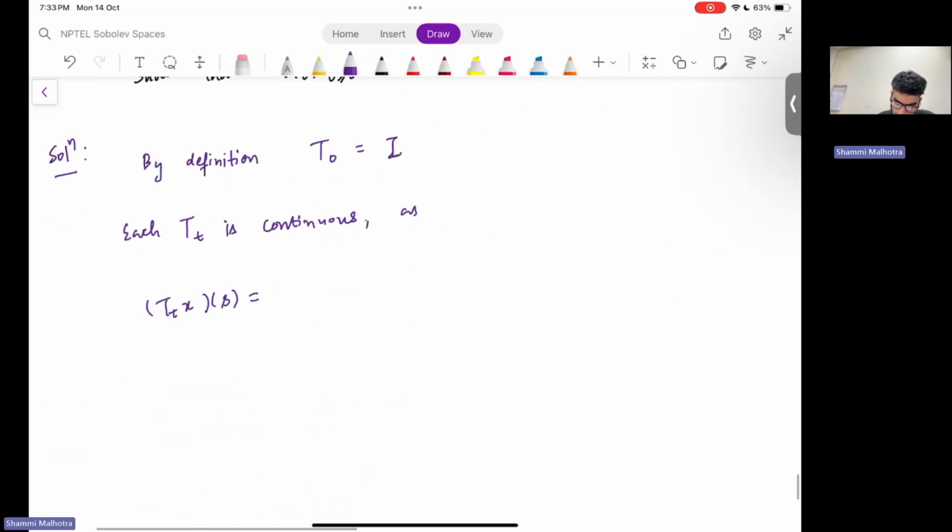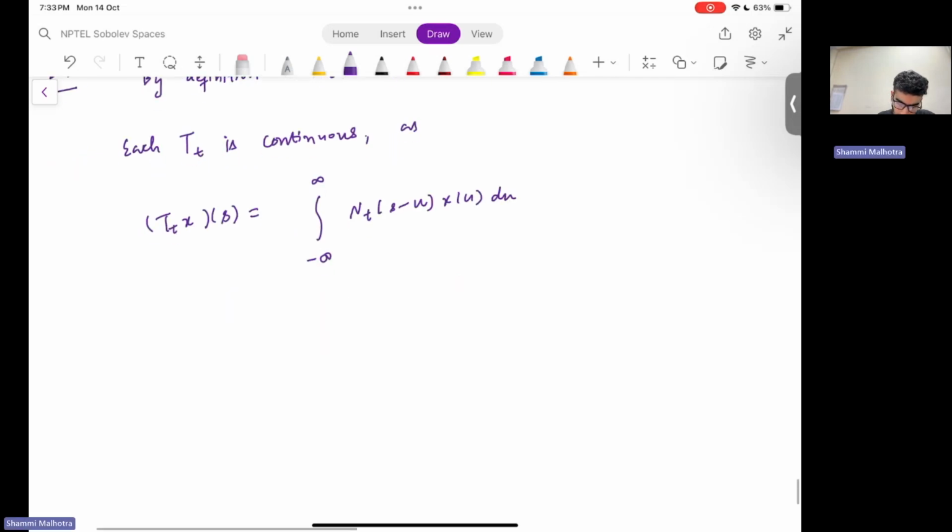This is the integral from minus infinity to infinity of n_t(s minus u) x(u) du, and if we consider the modulus, it is less than or equal to the integral from minus infinity to infinity of n_t(s minus u) times the modulus of x(u) du. Since n is a non-negative function, the mod of n is the same as n.